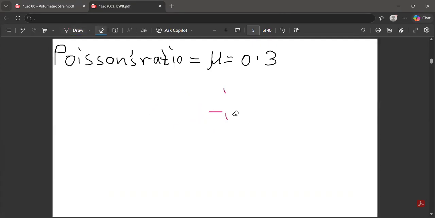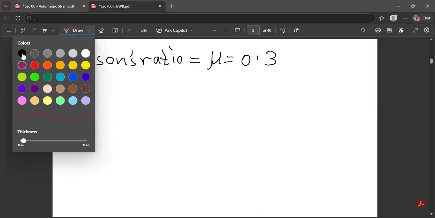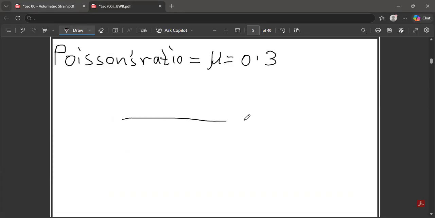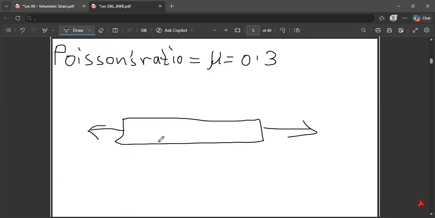Better still, if you wish, we can draw a front elevation of the bar and put our load beside it, so that it informs the examiner that we are aware of what we are doing. So this is the 30 kilonewton, and this is also our 30 kilonewton.